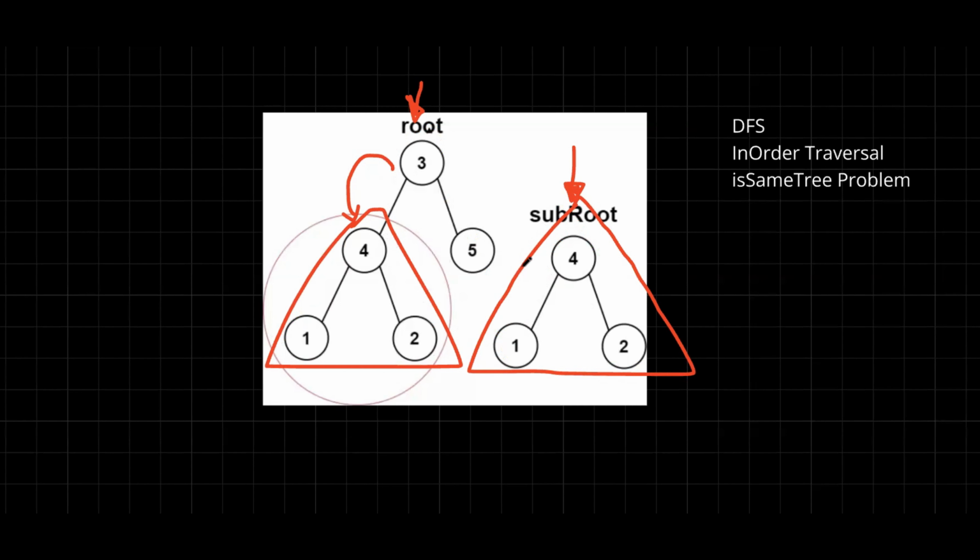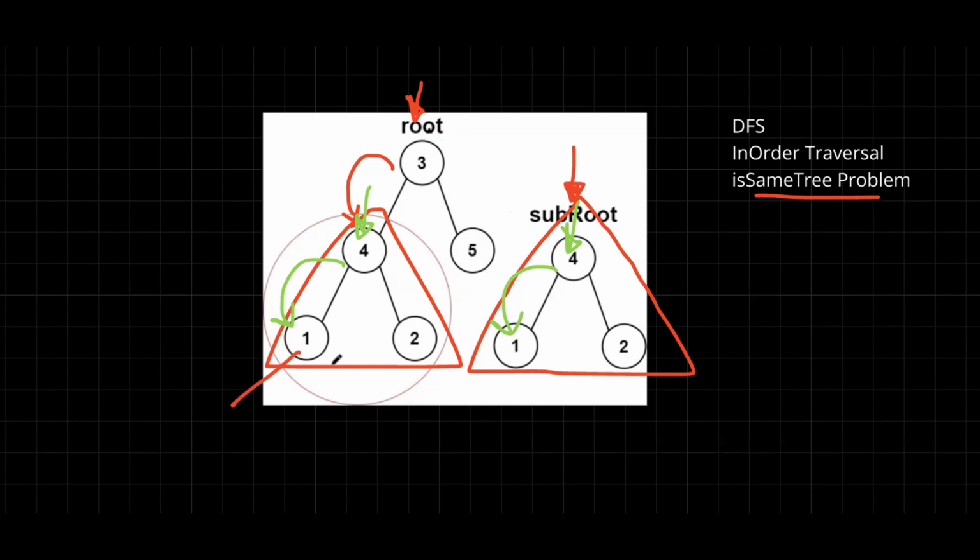Now, the problem is reduced to determining whether this subtree is equal to this subtree, or we have to check whether both of the trees are equal or not. So here, this is the Is Same Tree problem. Now, our current root is 4 and our current root is 4 here. So we have to run the DFS into its left children, and again from 4 the DFS call will be on this one.